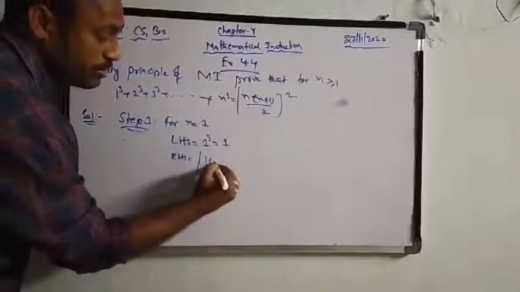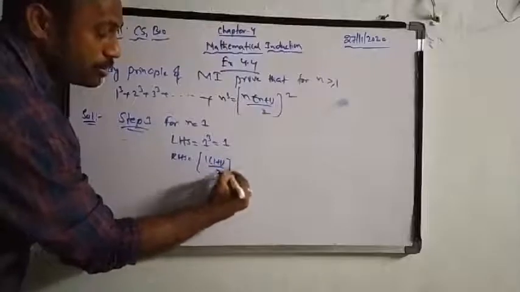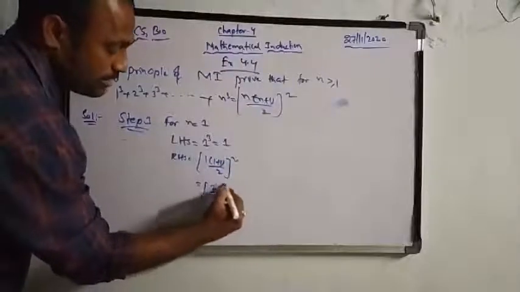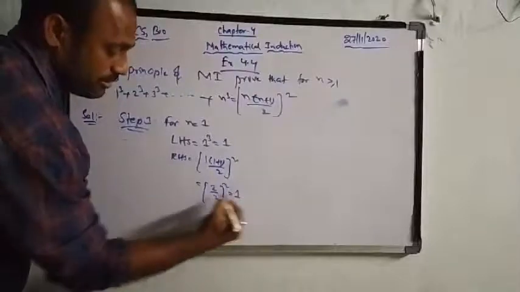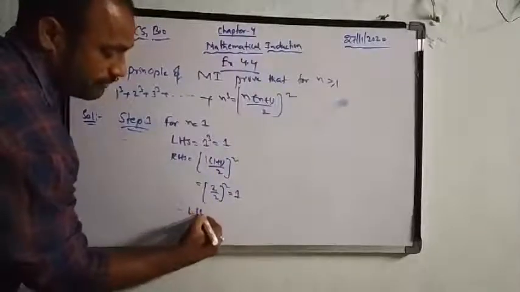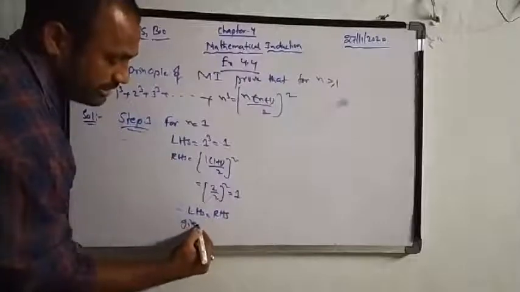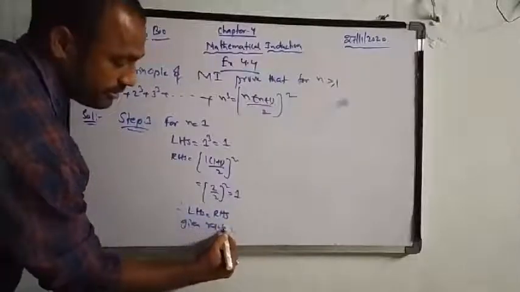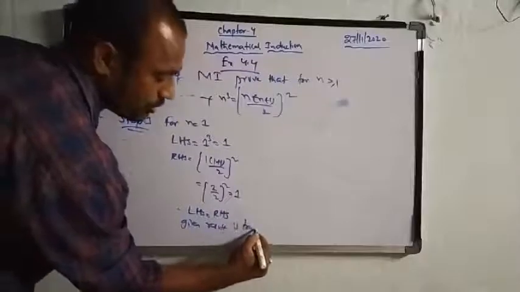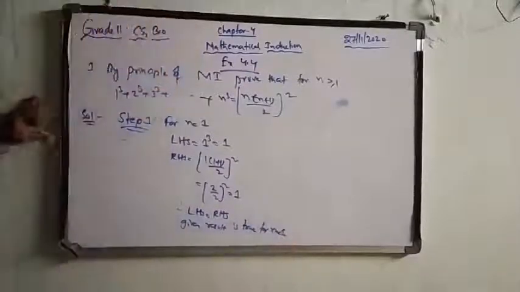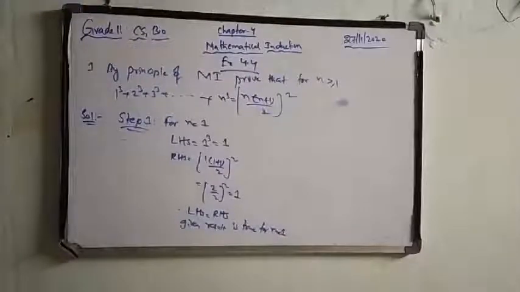That is 1 into 1 plus 1 by 2 whole square. So 2 by 2 whole square, which is 1. Therefore, left hand side is equal to right hand side. Given result is true for n is equals to 1. So step 1 is satisfied for us.